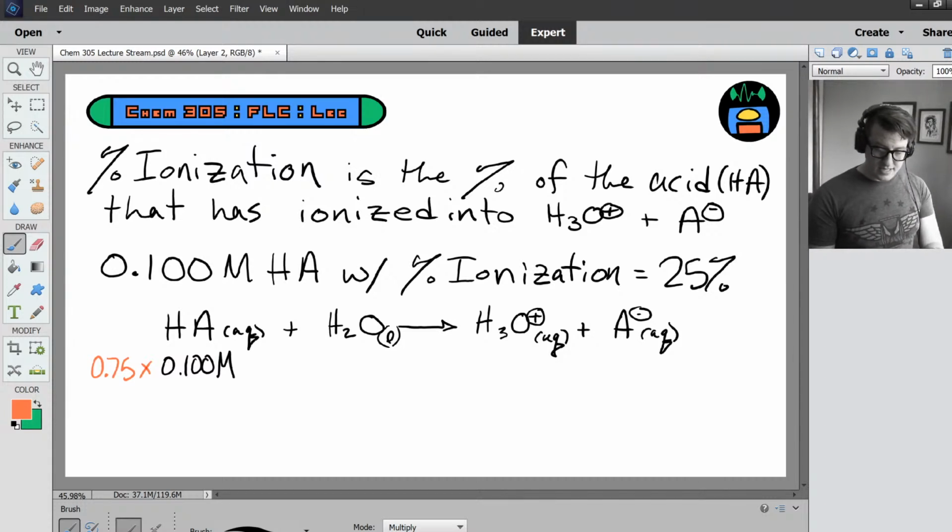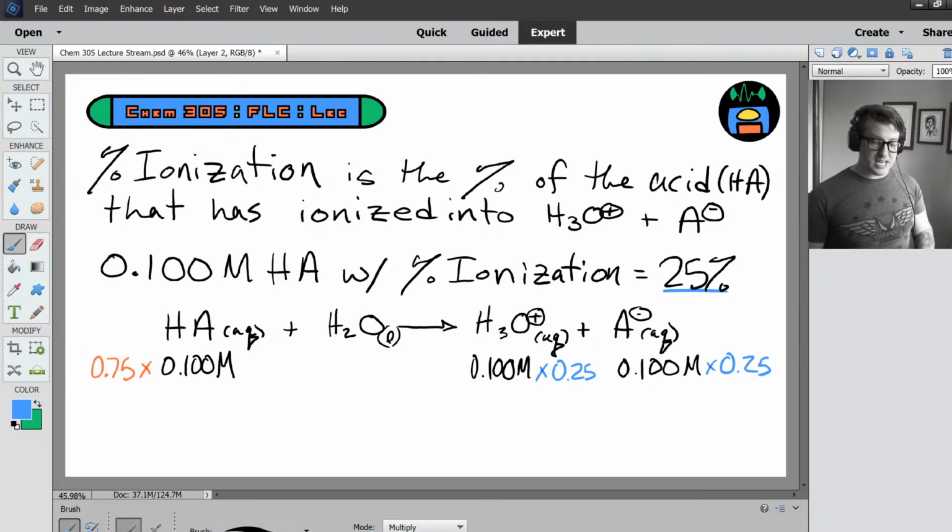It also means, if you have this 25% ionization, that your concentration of hydronium and your concentration of the conjugate base will be 25% of that initial concentration.